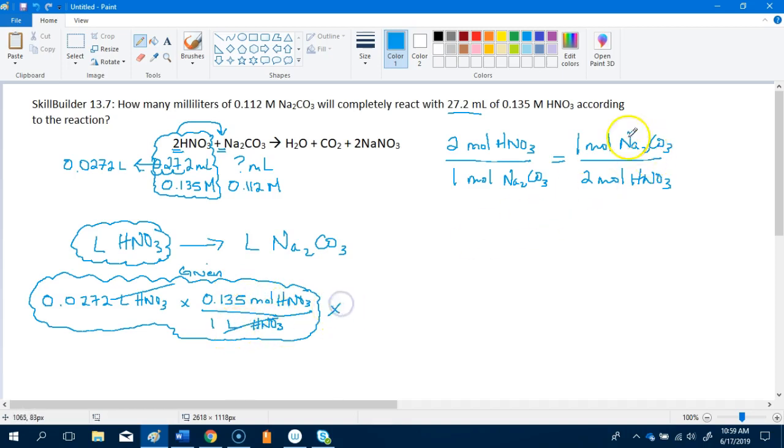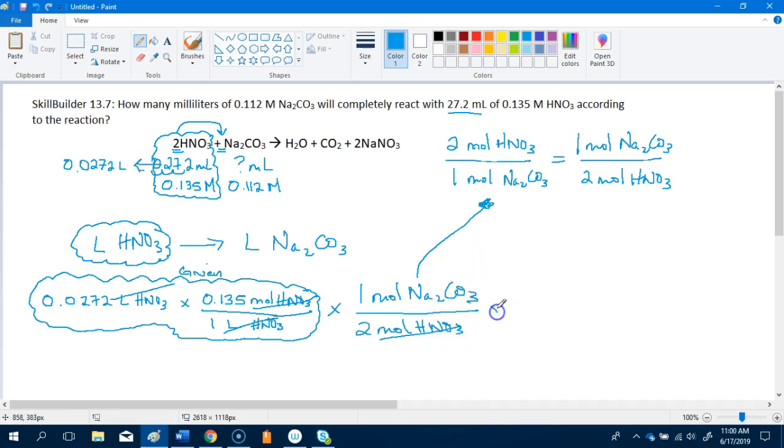Now I'm going to use my ratios up here, my 2 to 1 ratio. I'm going to put 1 mole of Na2CO3 on the top because I eventually want to get to my sodium carbonate, and I'll put 2 moles of HNO3 on the bottom, because then my moles of HNO3 and moles of HNO3 here cancel out, leaving me with my moles of Na2CO3. So this is from that conversion factor here.